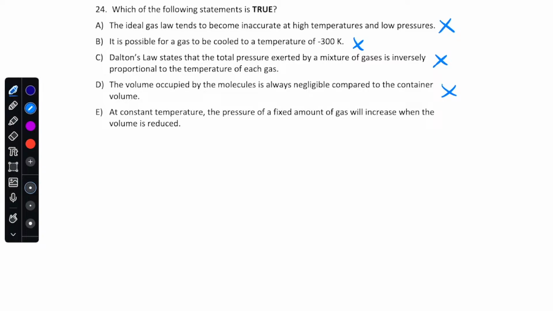Kind of have E by process of elimination, but let's see if it works. At constant temperature, the pressure of a fixed amount of gas will increase when the volume is reduced. Yeah, that's Boyle's law. If you increase the pressure, the volume will go down. You can compress a gas. So yeah, the answer is E.